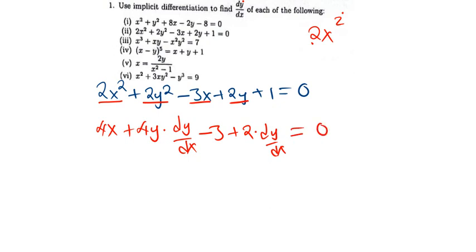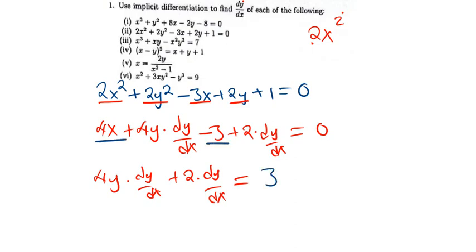What do we do at this point? Every part containing dy dx remains, so 4y dy dx plus 2 dy dx. Well, we can add the additive inverses on the other side. So we have 4x and minus 3, so it has to be positive 3 and then minus 4x on the other side.